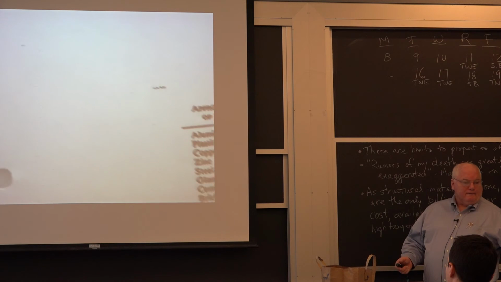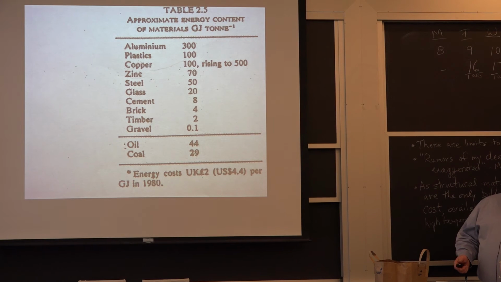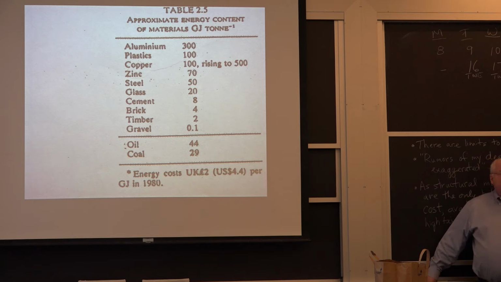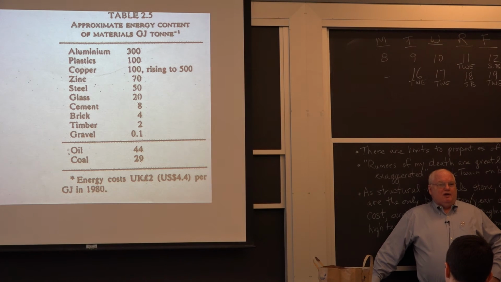Is there any correlation or significance in how much energy it takes to convert aluminum? Does that mean it's stronger or better, or is it just a fact? Well, it depends on what property you're talking about. Corrosion resistance, I mean, things that take a lot of energy will give up a lot of energy to go back to their oxide state.